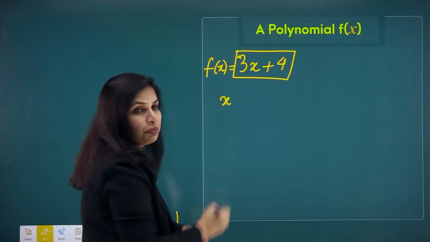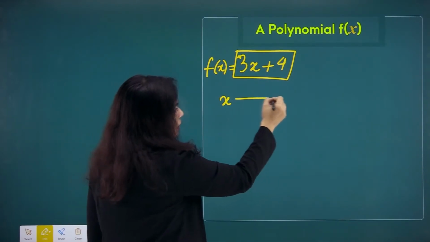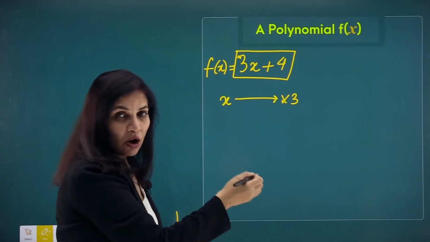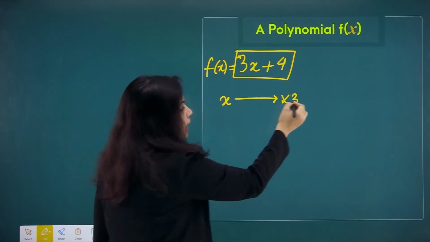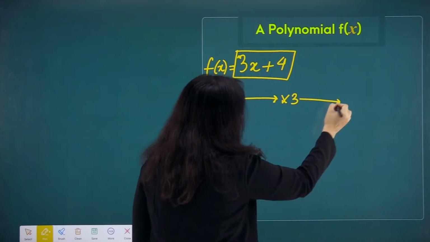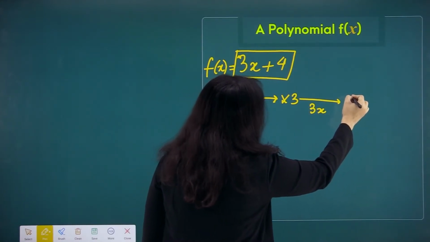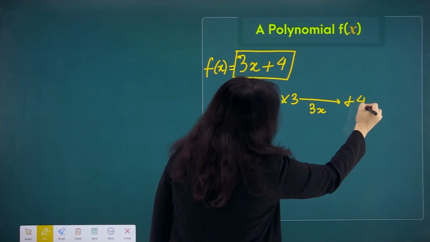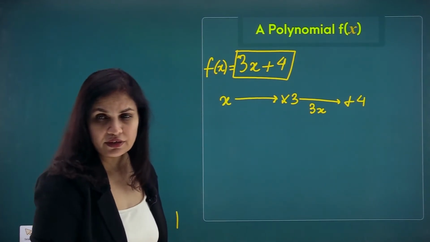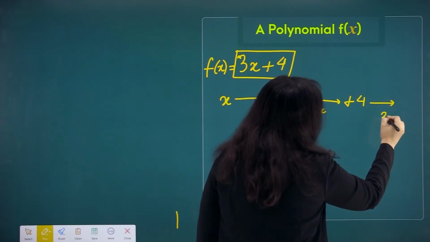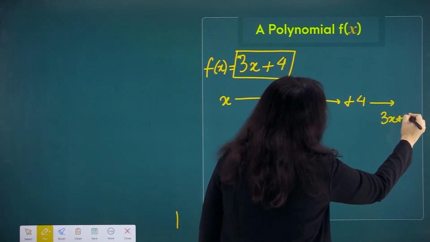Starting with my input x, I multiplied x with 3. This is the process. How is the machine functioning? After multiplying it with 3, I get 3x. Now, to this 3x, 4 is added. After 4 is added, we finally get the final output 3x plus 4.